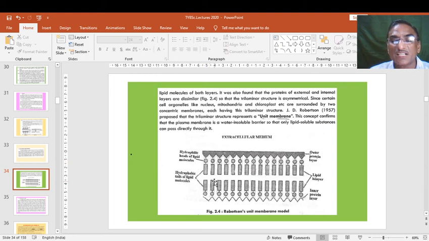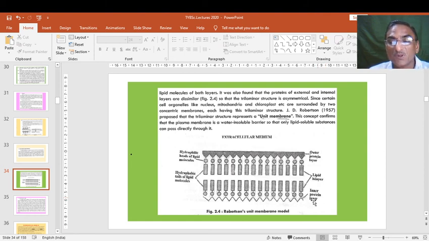Very simple, as I have seen in the colored structure. This is the outer protein layer and this is the inner protein layer. In between these two protein layers, the two lipid layers are there. Therefore, it is called a lipid bilayer model, or lipid bilayer structure of the cell membrane.